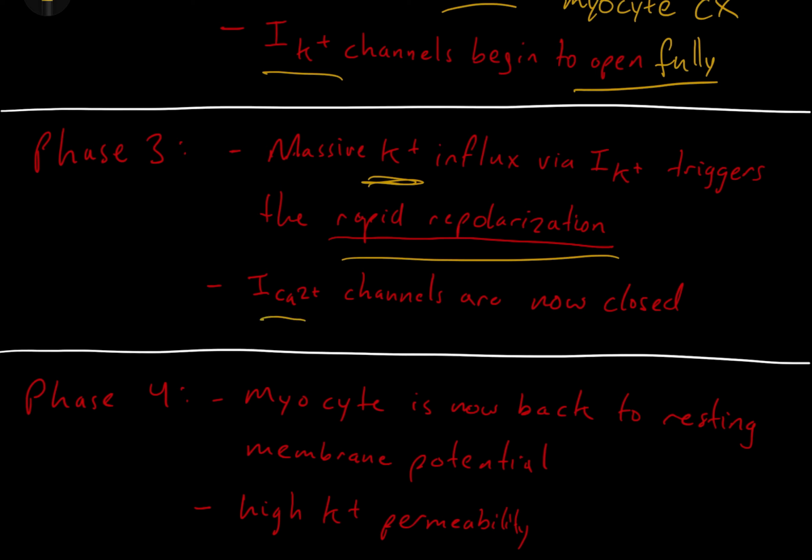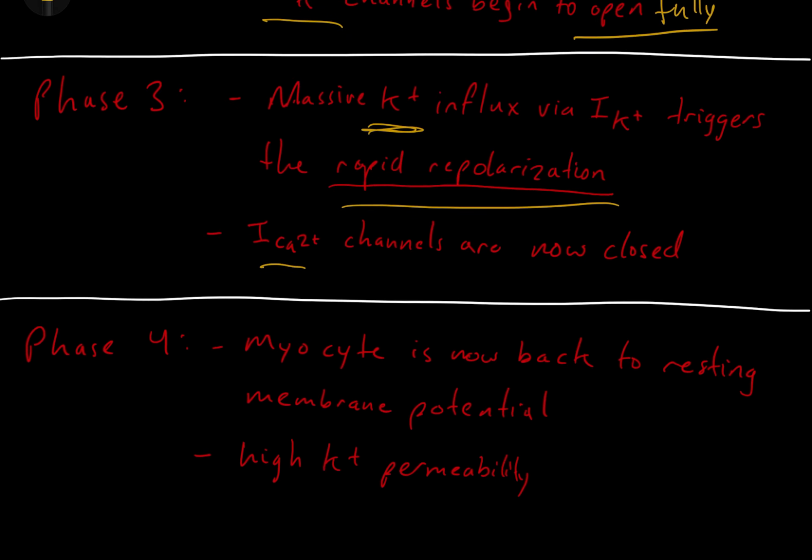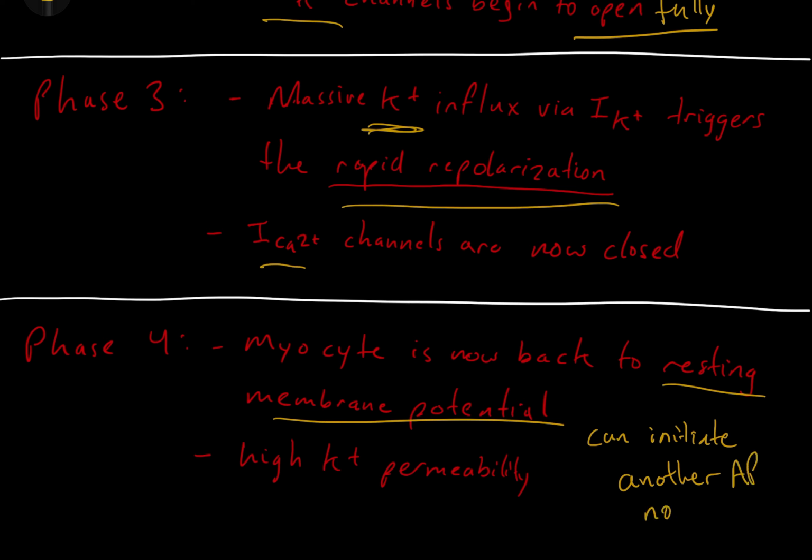And then this is where your calcium channels will close. And then in phase 4, you're now back to resting membrane potential, and you can initiate another action potential now.